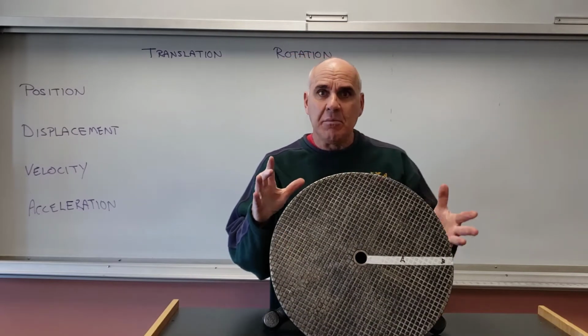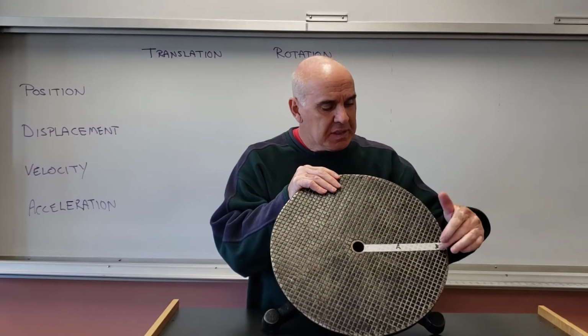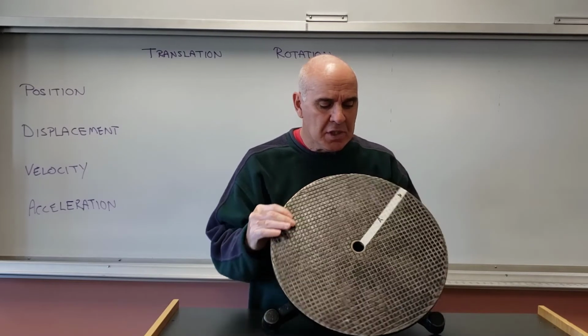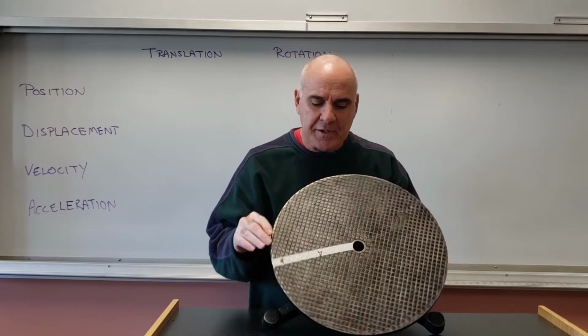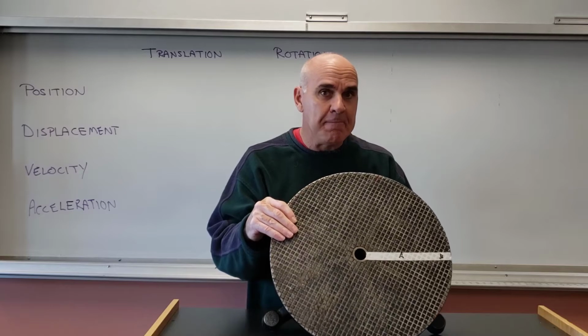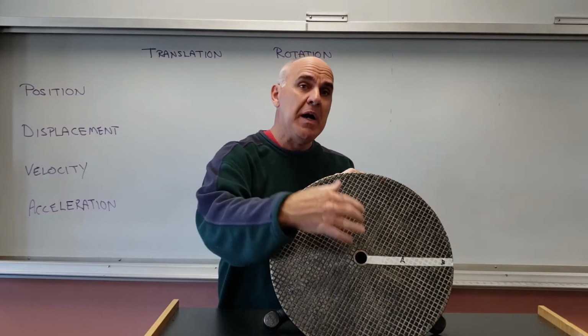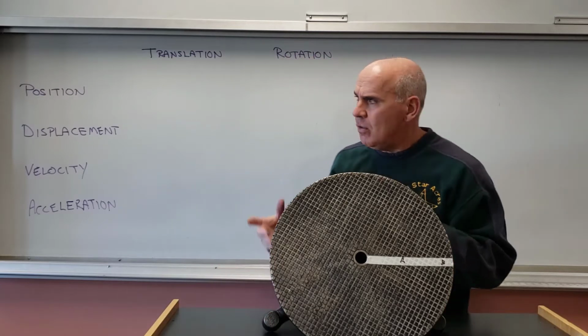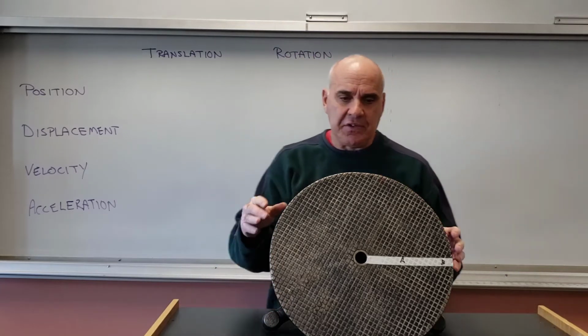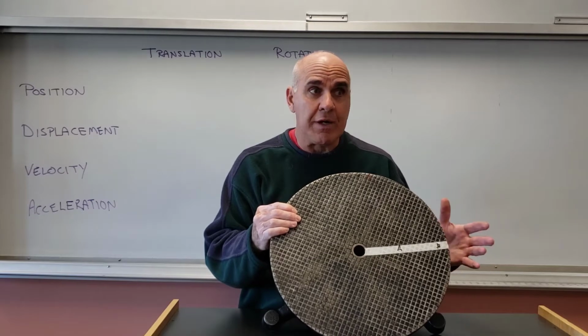So there's been some amount of angular position. This has gone from this angular position all the way around to other angular positions until it finally returns to where it was in the beginning. We'll say that the displacement, if you will, was 2 pi radians. So what is position? Position is an angular measure from some sort of a reference point.